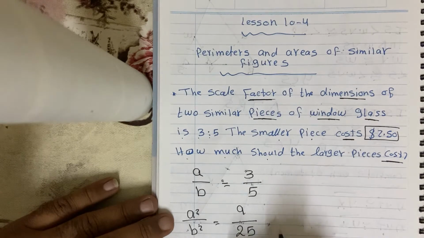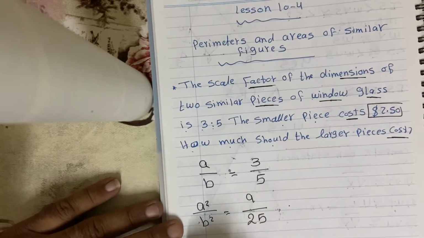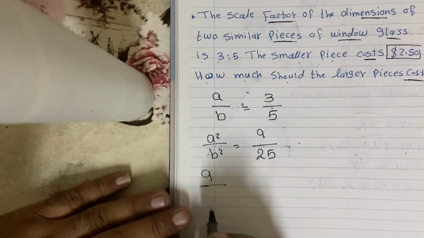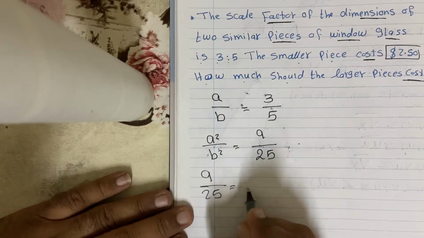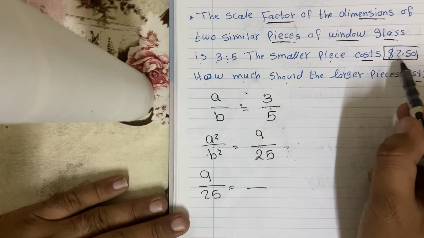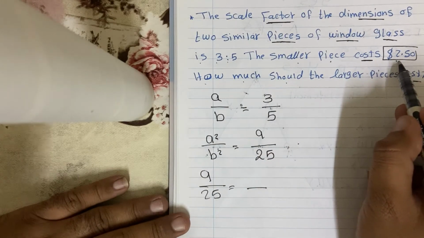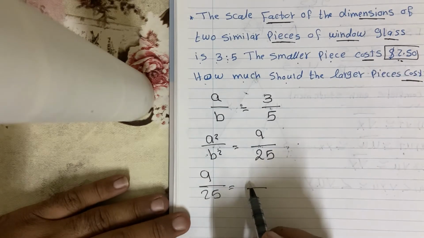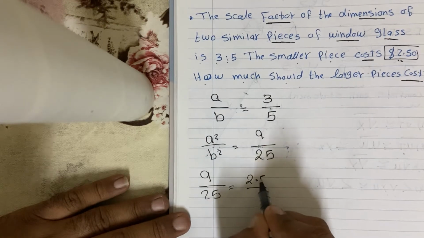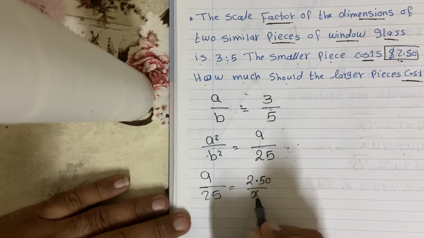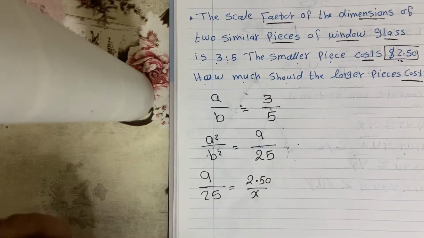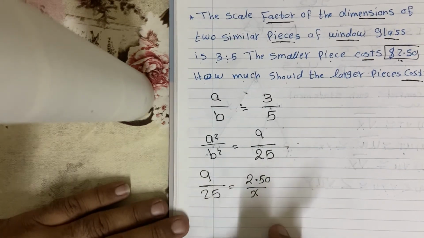So 9 over 25 equals the price for the smaller piece, so I'm going to write it up, 2.50, over the price of the larger piece. Now we have the equation.